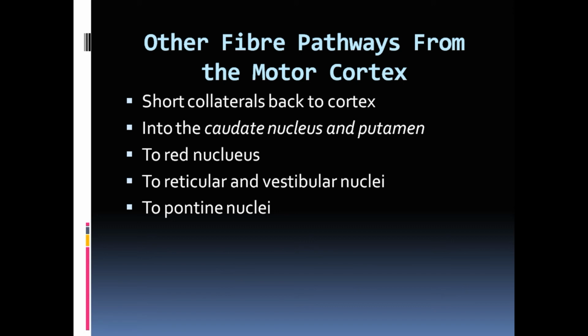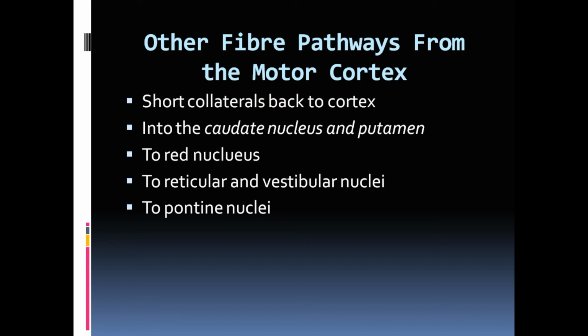Now there are other fibers also arising from the cortex which are important to understand, because these are the other supplies from the motor cortex to different areas. So let us enumerate one by one the other fibers from the cortex. Apart from the corticospinal tracts, the other fibers arising from the motor cortex are the short collaterals back to the cortex. What is their function?